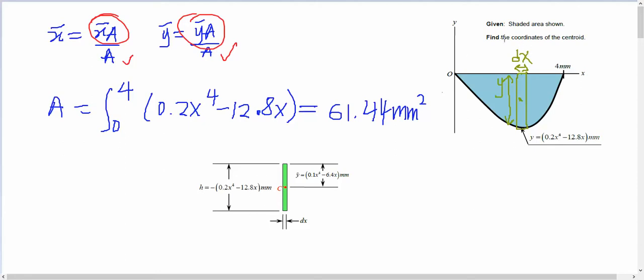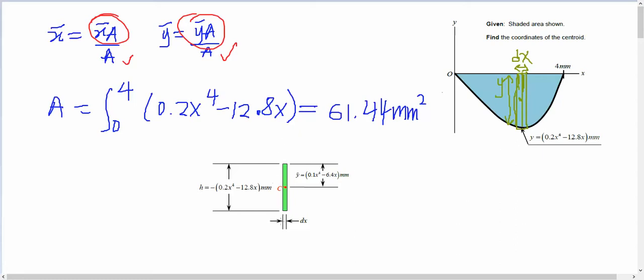The dx is so small that we can neglect the centroid by just saying dx over 2, which is almost the same.